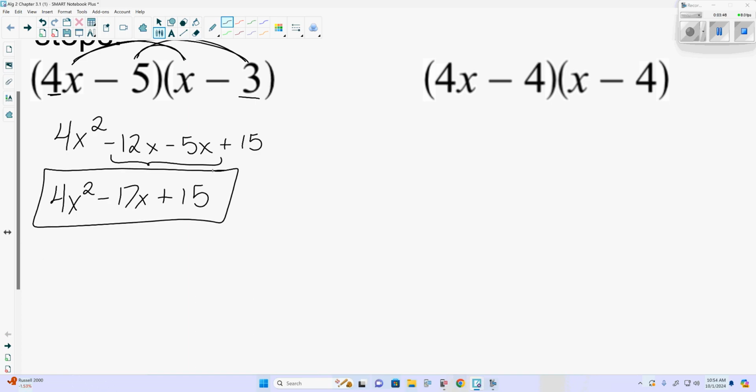That's all we have to do for that one. We're just multiplying it out. So all of these are called quadratics. Standard form is ax squared plus bx plus c. Let's look at the other one.